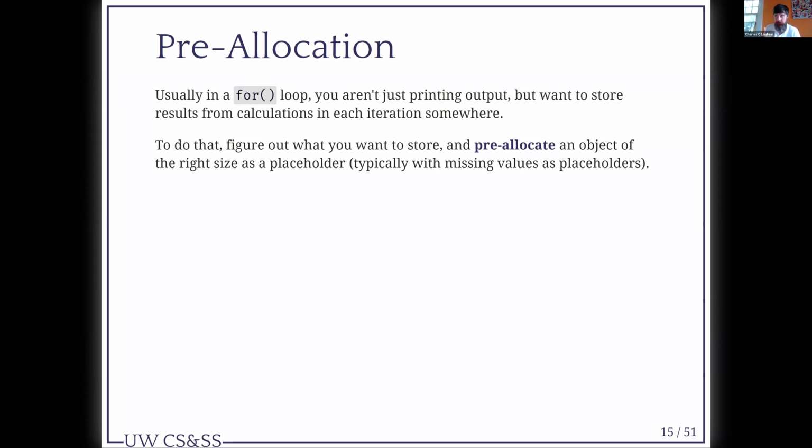By pre-allocate, we mean we're going to create some object like a vector that just contains NAs or zeros, and then each iteration of the loop overwrites one element of that, storing the thing we're interested in. The thing is, you have to pre-allocate, that is, create this object ahead of time so the loop has a place to put that element.